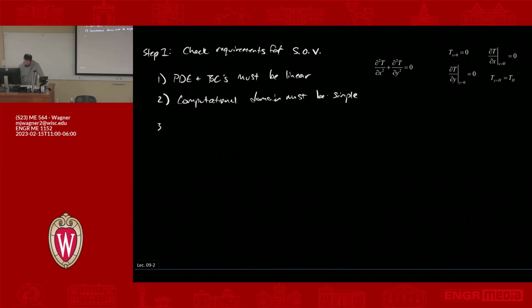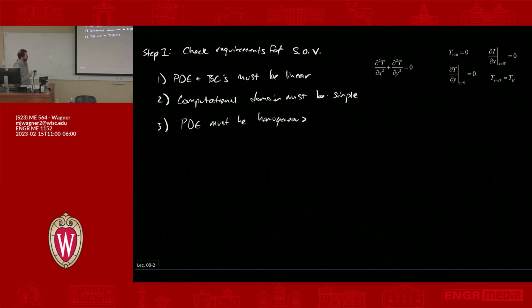Criteria 3 is the PDE must be homogeneous. All right, looking at our PDE, we see the partial with respect to temperature in both x and y is equal to 0. So check, right? That is satisfied.